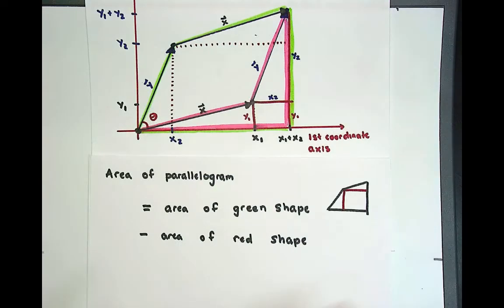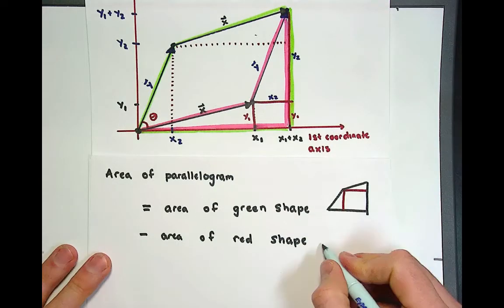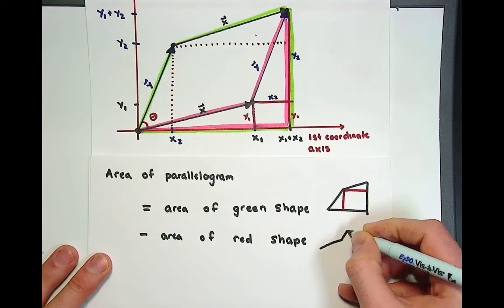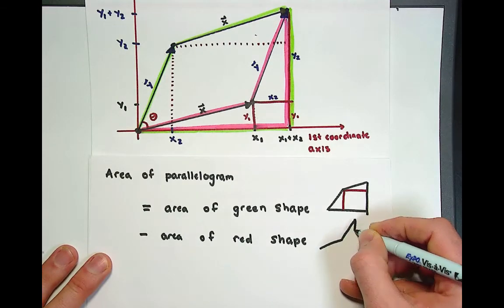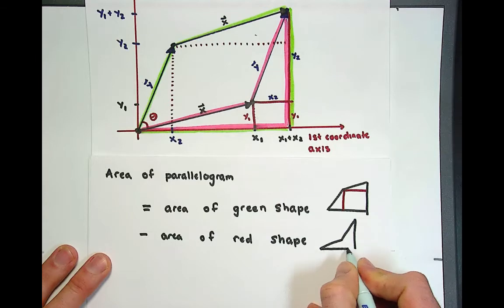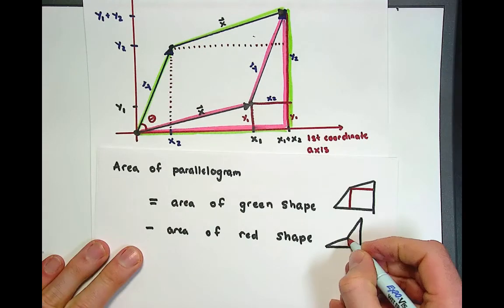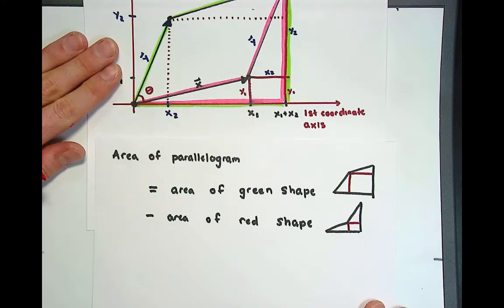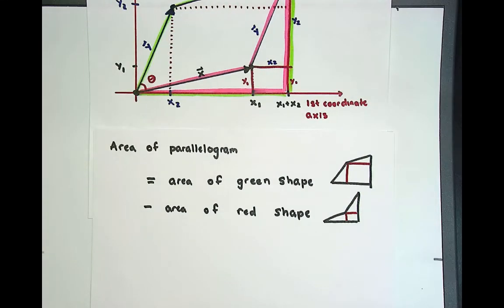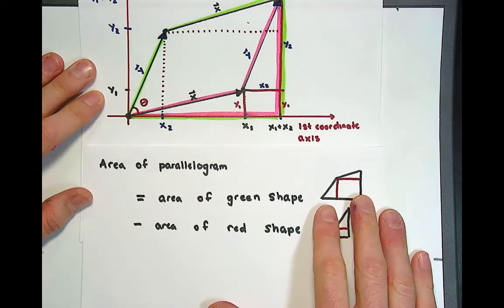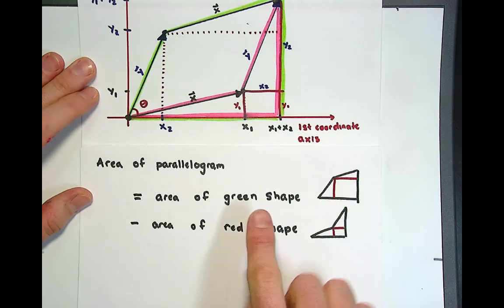And then the red shape is move along x, move along y. And what's really nice about this is the area of that red shape has a triangle and a rectangle.